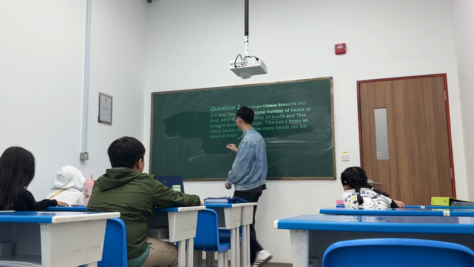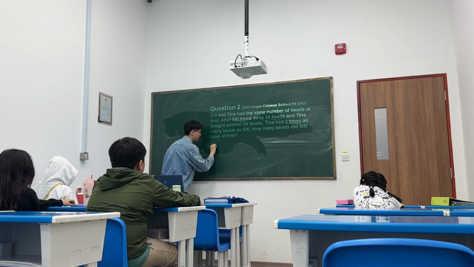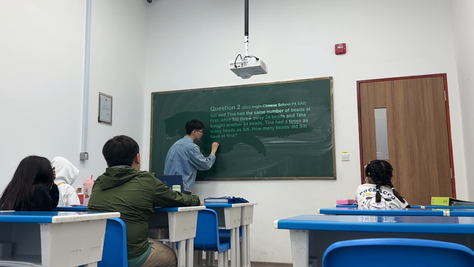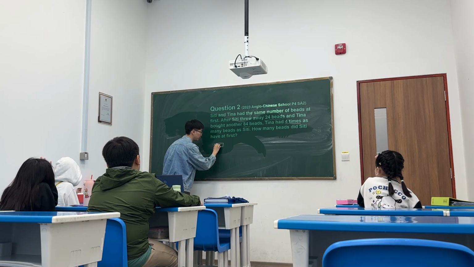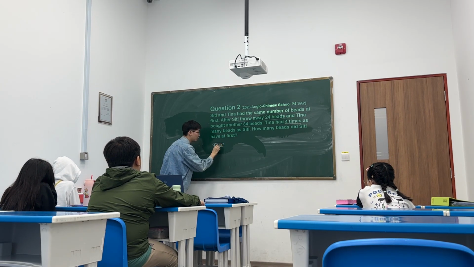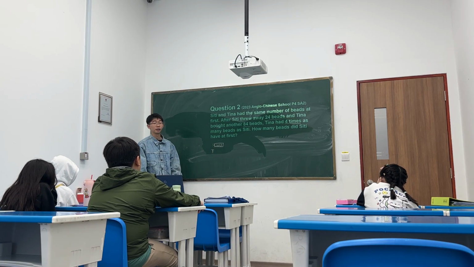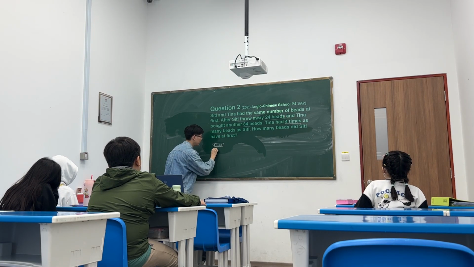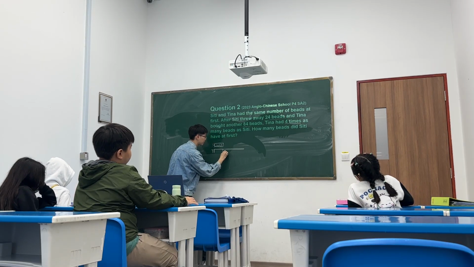Cindy is smaller, perfect. So Cindy has 1 unit. Then how about Tina? Tina got 4 units, perfect. Tina got 4 units.